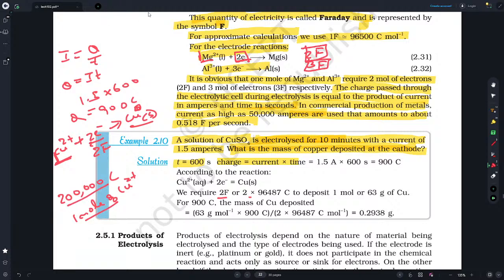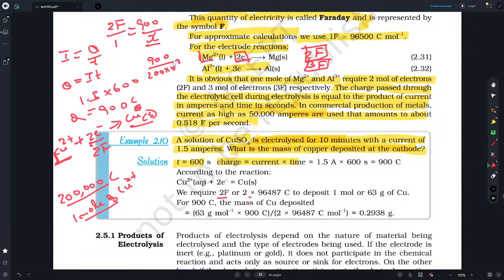So basically the equation will be something like this: 2F by 1 equals 900 by X, which is the amount of copper deposited. If we take X to that side, it will be 900 by approximately 200,000, which we can write as 200 into 10 power 3.